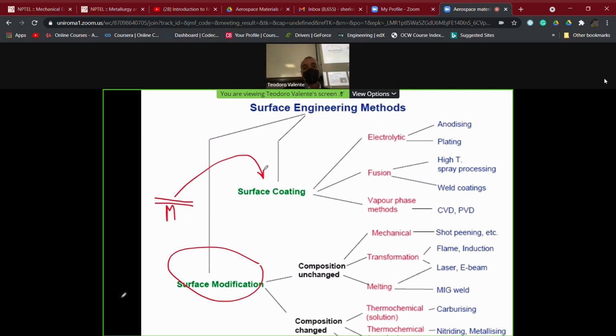Okay, and then in the area of coatings, which will be the area I want to discuss with you in detail, we can have standard coatings techniques like electrolytic-based methods, or, for example, all the area which includes the fabrication of thin or thick coatings by relying on the thermal spray methods, the ones that we have mentioned many times, but we will see better now for the fabrication of thermal barrier coatings, for example, as well as another very interesting and important class of techniques in the area of thin coatings based on vapor deposition methods.